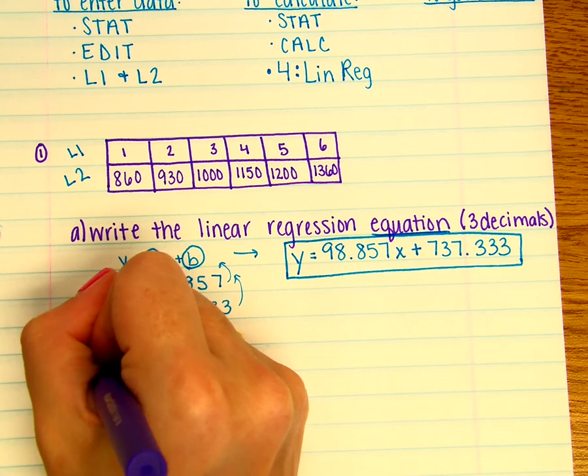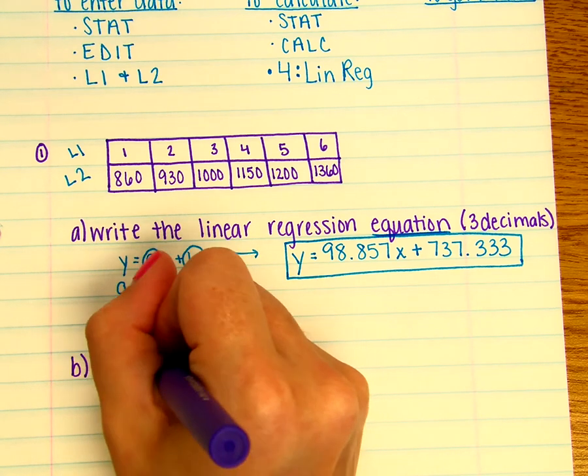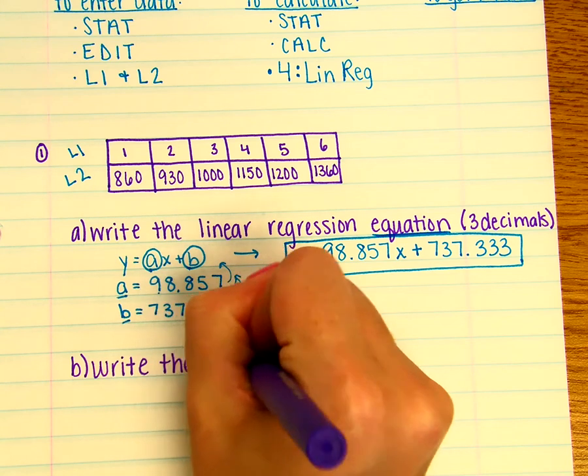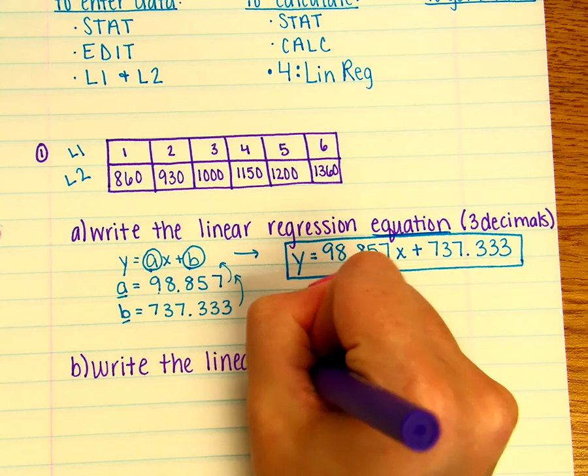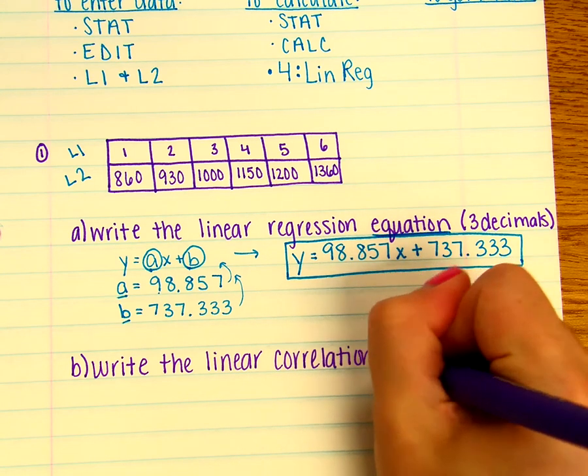After you find your equation, it's going to ask you, and this question might come before or after, okay, but it's going to ask you for the linear correlation coefficient.